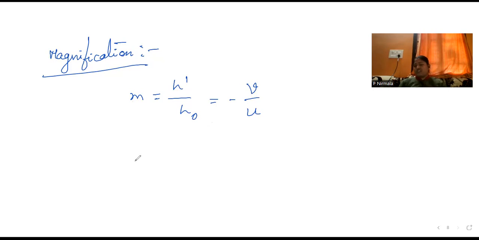What is the use of magnification? It means you can identify which type of mirror it is. If the magnification is negative, then the nature of the image is real. If the magnification is positive, then it is virtual.